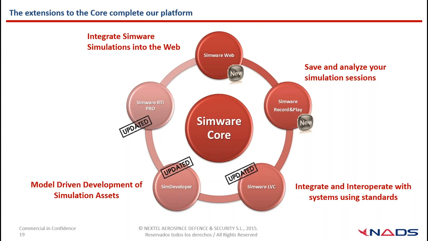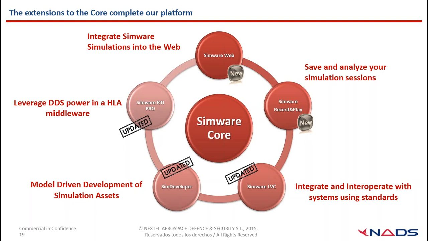In this case, you will need the Sim Developer tool. The Sim Developer tool is a customization of the Simulink environment, and in this way you can use Simulink to develop, integrate, and test all your simulation models. Then when you have finished this integration and testing, you can generate the code that is going to be compliant with the platform.